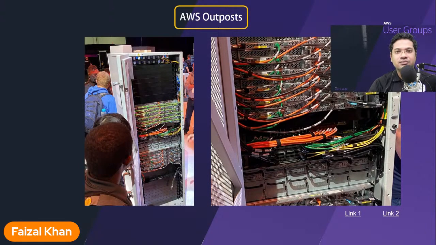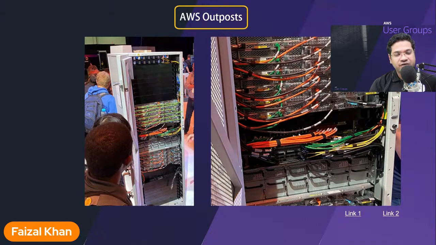You can run applications that are extremely latency sensitive pretty fast without using a region in AWS that's very far away from your location. Now, obviously, not everyone is going to use this. You probably need a very good use case like a low latency application which you're serving internally. Or maybe it's good in a region that does not have AWS data centers, right? So you could use that.